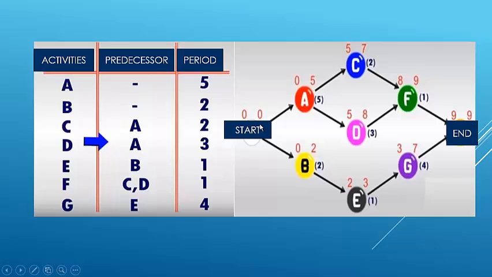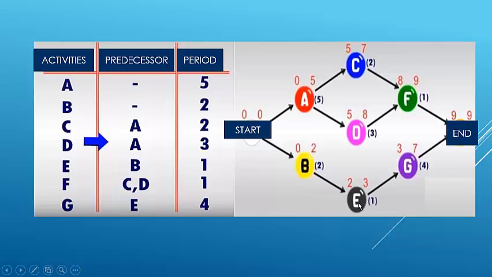For example, we have 0 and 0, and like this is activity B. Now, for activity B, we start with 0, and we have 0 plus 2, that is the time spent on B. 0 plus 2 is equal to 2.